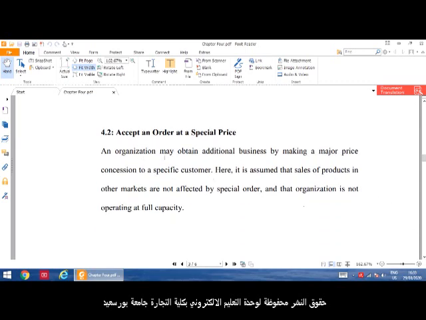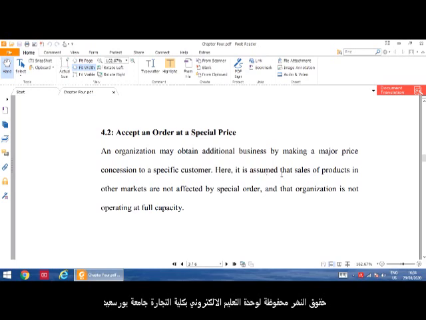An organization may obtain additional business by making a major price concession, a major price reduction, to a specific customer.